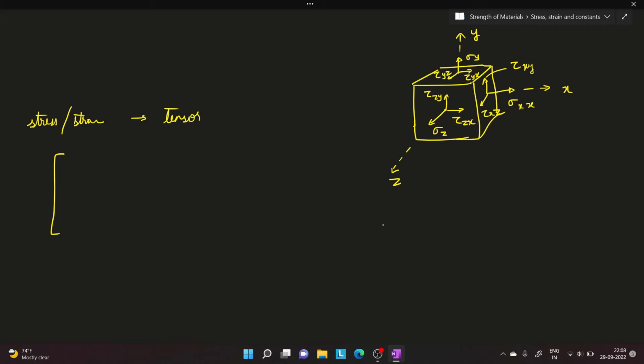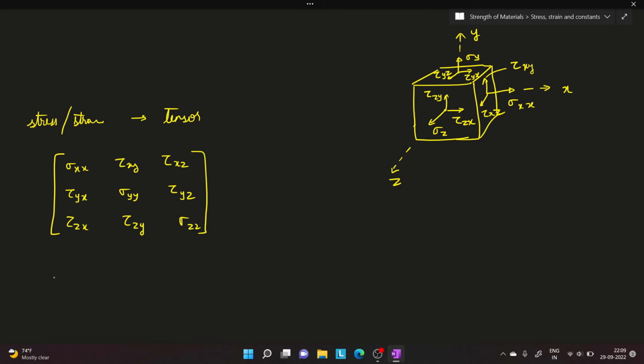I've just written this for three faces. Again, on the opposite three faces, I'm going to have similar stress forces. If I consider these three, we'll have a stress matrix something like this: sigma xx, tau xy, tau xz; tau yx, sigma yy, tau yz; and then tau zx, tau zy and sigma zz.